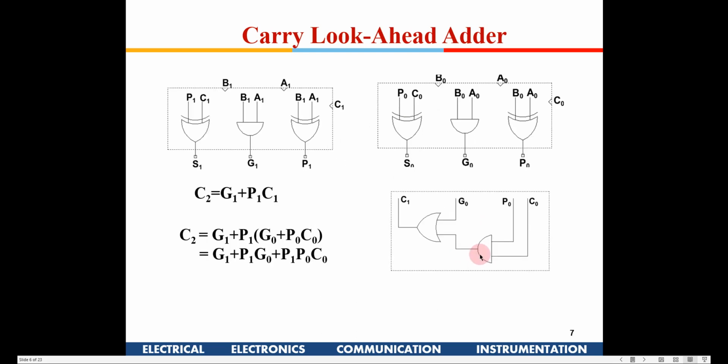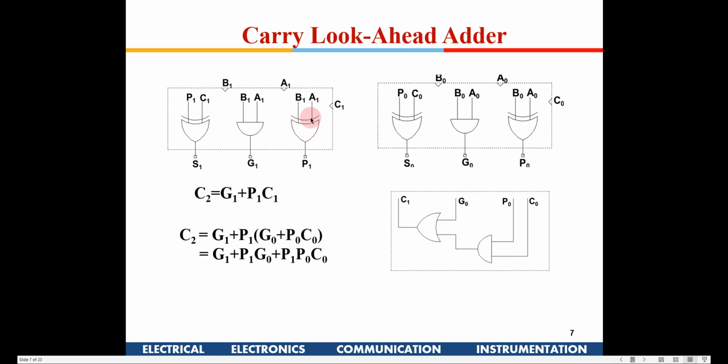So now I have the first bit which I have done. This is the block which I have done, right? Now for this block again I can write the same, and C1 was generated for the first block. C1 is coming as an input out here. Now for the carry of this block, if A1 and B1 are both 1, straight away a generate signal can be generated from the second block.